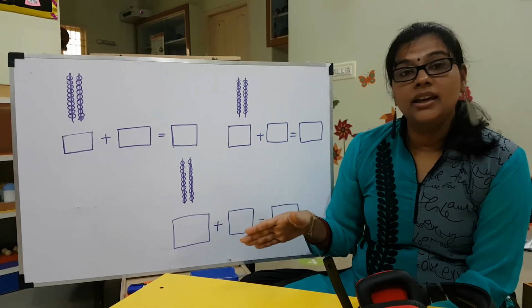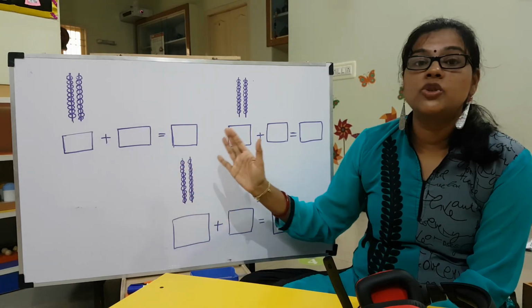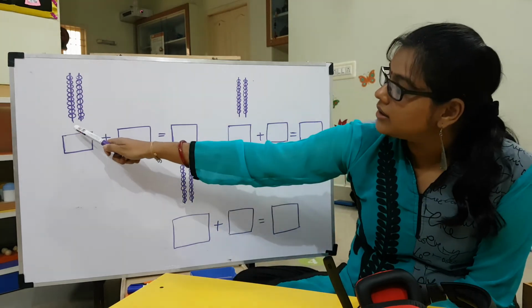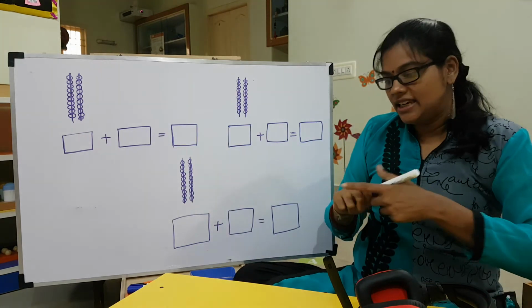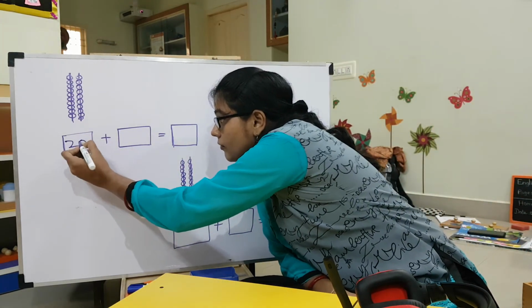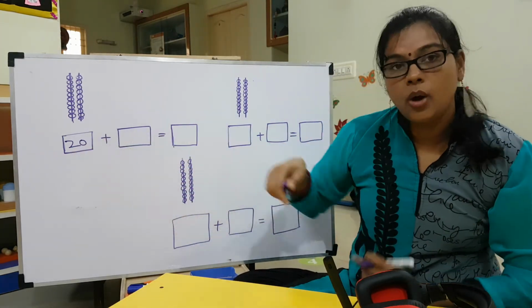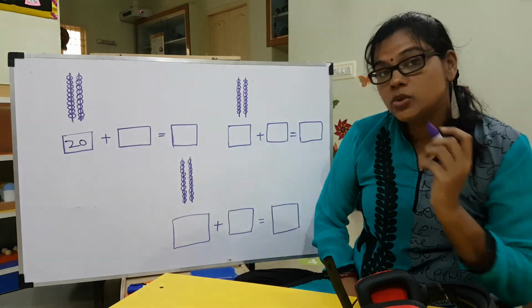Now we'll try to make 21, 22 and 23 on the board. Okay? So these are the bars of tens. 2 tens make 20. Very good. Now we are going to make 21. 20 and 1 makes 21.